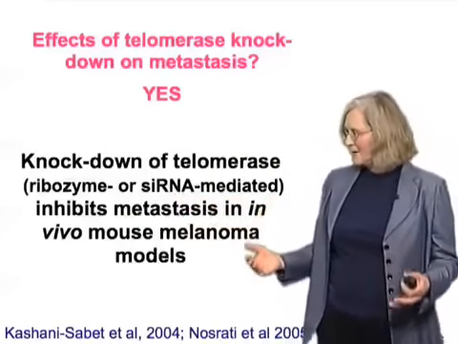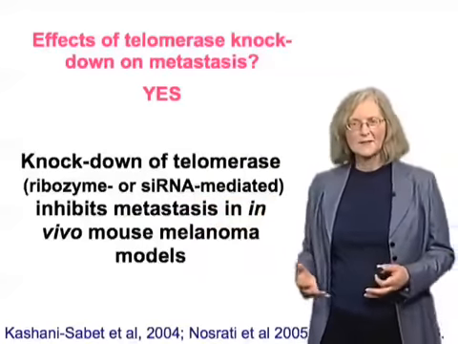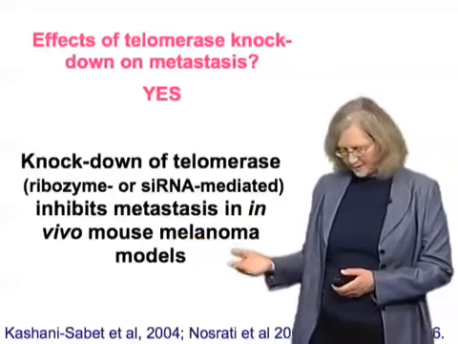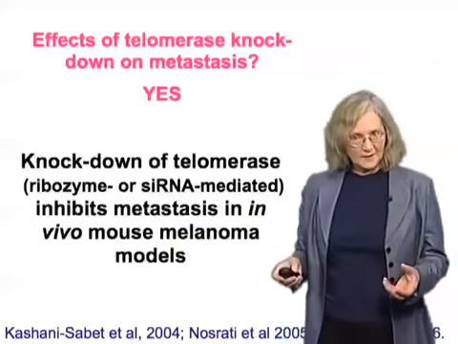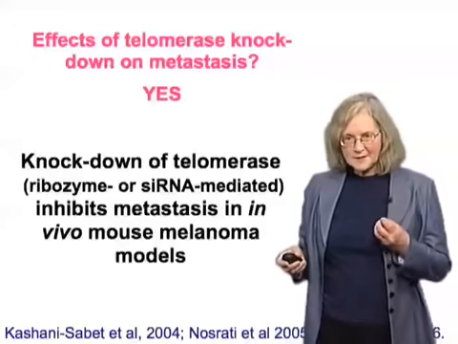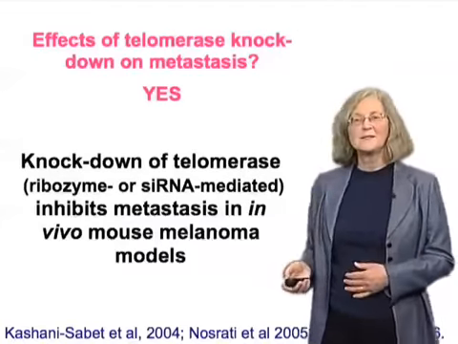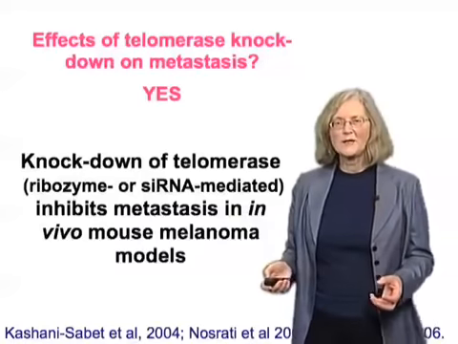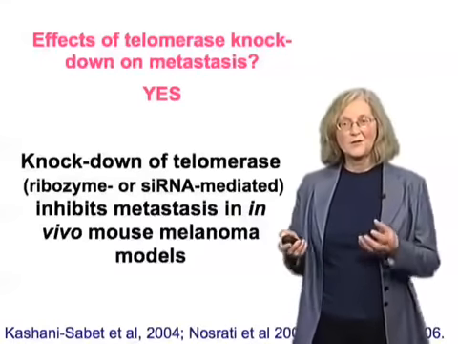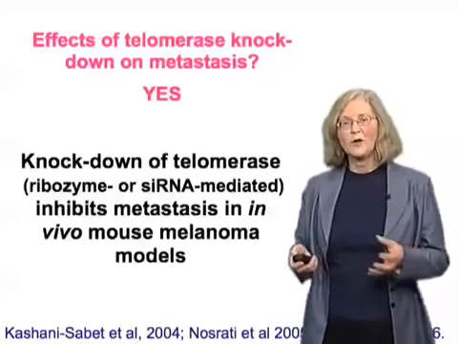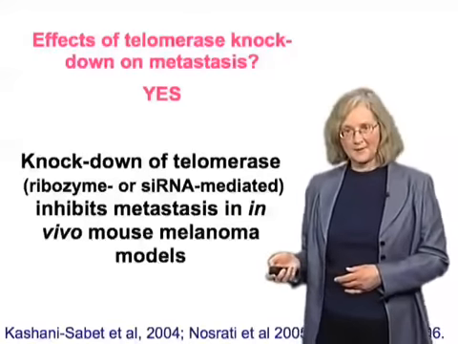But in melanoma models for cancer, using the experimental mouse system in the laboratory, it was found that the metastasis is depleted or decreased when the telomerase RNA is depleted. So knocking telomerase RNA levels down changed the nature of the cells, and it changed the nature of the cells well before the telomeres became uncapped.